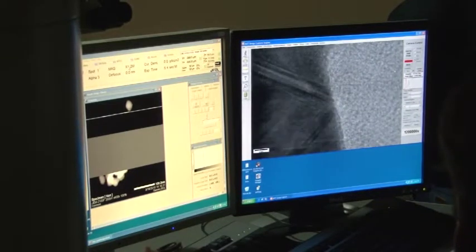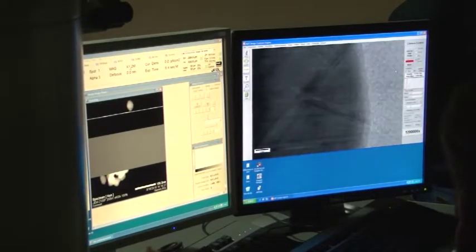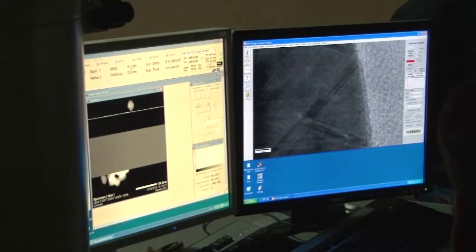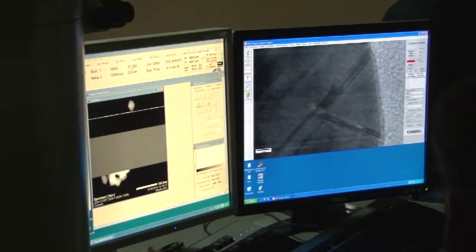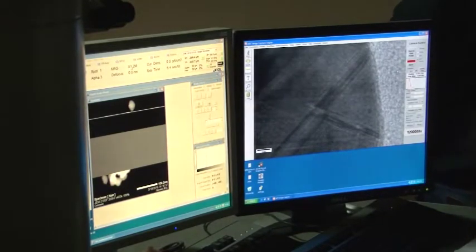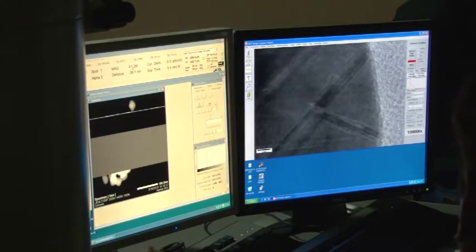I mean, here it was not that bad. And there's some astigmatism still.